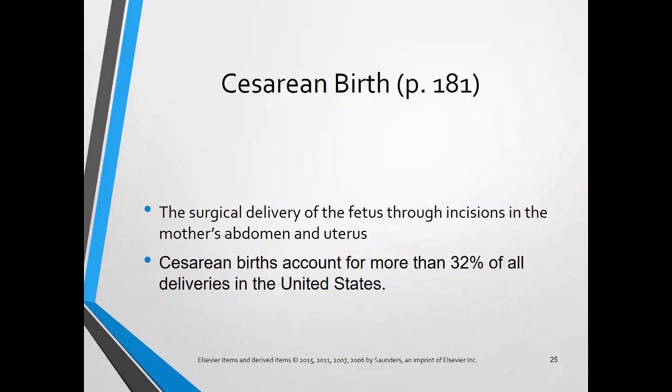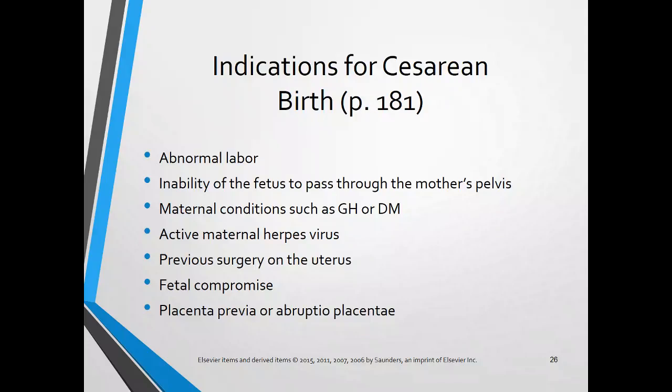Okay, and then going to cesarean birth, there are reasons why a mom can't have a vaginal delivery, such as decreased fetal heart tones. There are lots of different reasons why someone may need a cesarean birth. C-sections account for more than 32% of all deliveries in the United States.